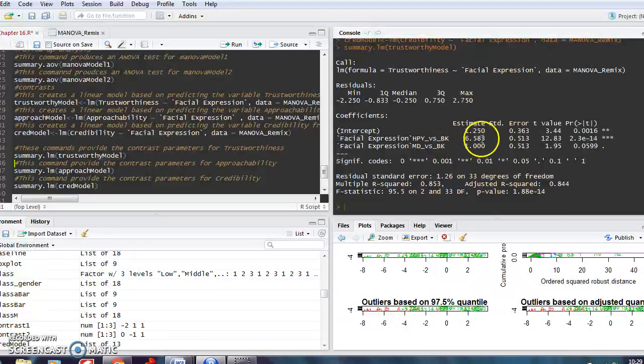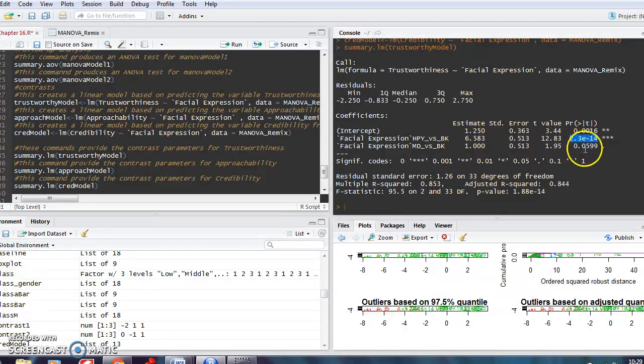So looking at trustworthiness and comparing happy to blank facial expressions and comparing mad to blank facial expressions, we see that there is a significant difference between blank facial expressions and happy facial expressions in terms of trustworthiness.